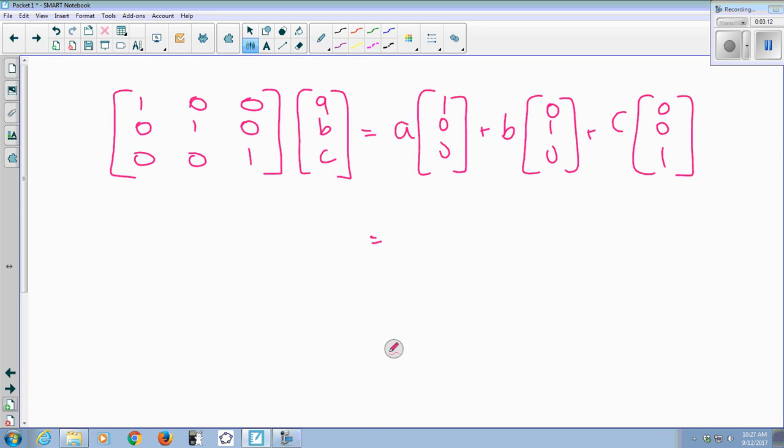And when you simplify this, you're going to get A, B, C. You get the vector back. So that's why that matrix is called the identity matrix. It's the thing that when you multiply by it, you get the same vector back. It works equivalent to the way 1 works in the real numbers.